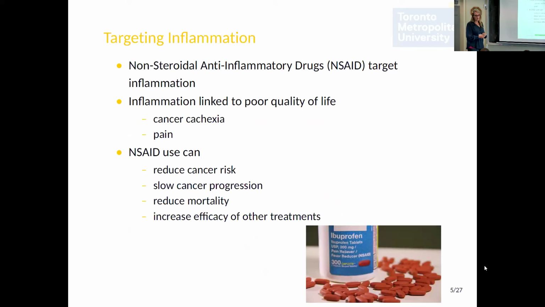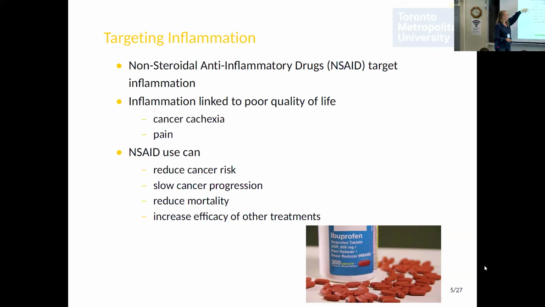There is some hope. Inflammation does all this bad stuff, but we do already have pre-existing drugs that target inflammation. Of course, NSAIDs, non-steroidal anti-inflammatories, and more specific targeted drugs to target inflammation. One of my research areas is on cancer cachexia, which is linked with inflammation and driven by cancer.